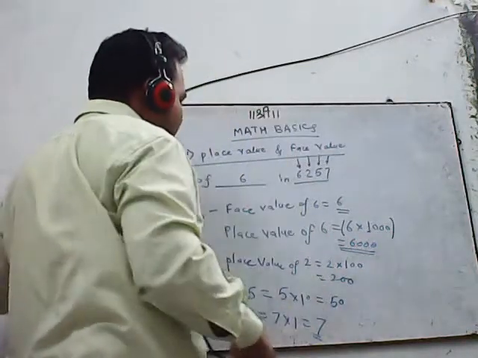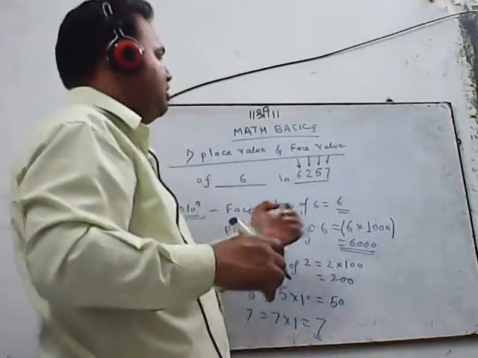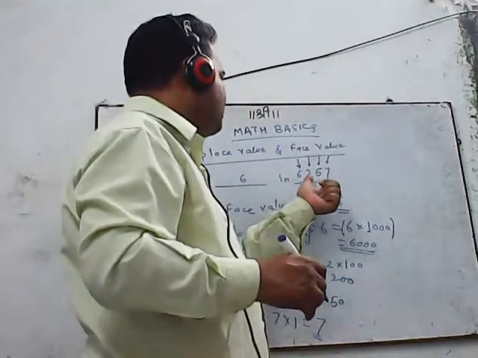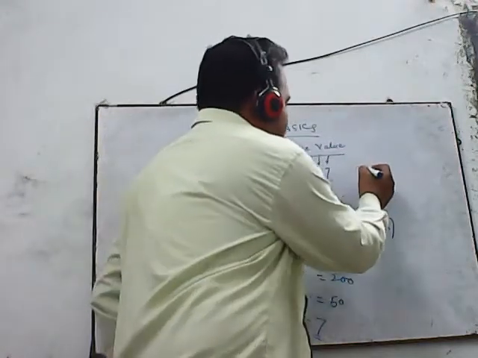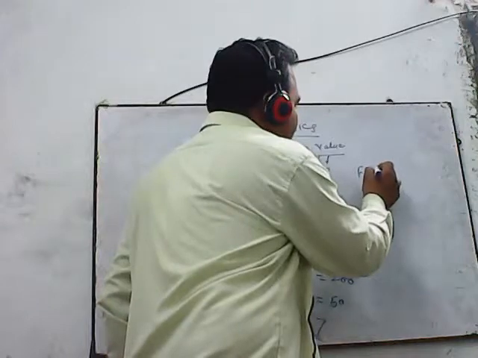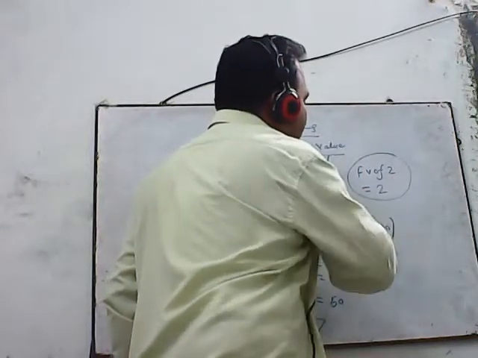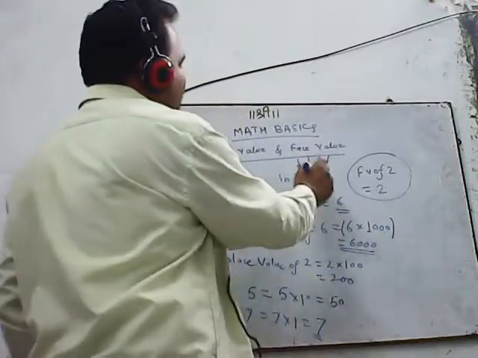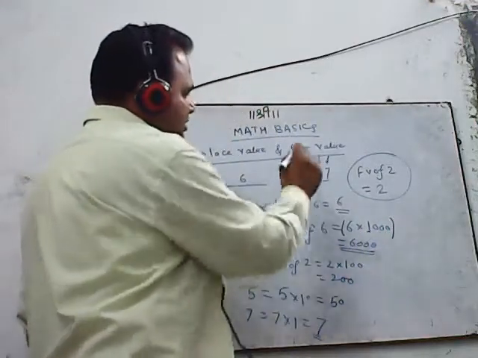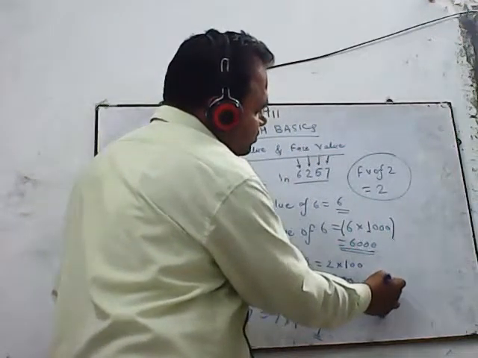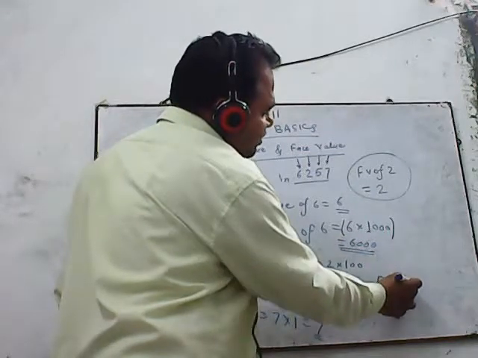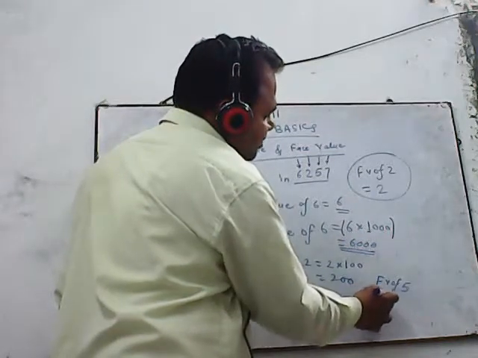And what about the face value? I told you already that the face value of 2 is equal to 2. About this 5, the face value of 5 is equal to 5.